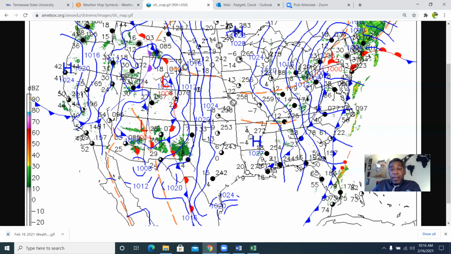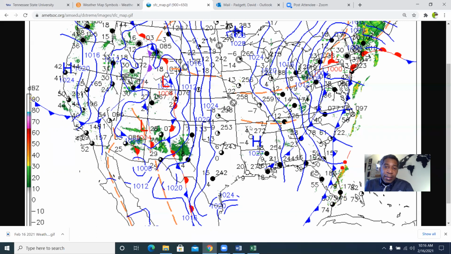What we would expect at Nashville, Tennessee, given these conditions, is for these cold temperatures to persist. One good thing about cold fronts is that because they're more dense, they move faster than warm fronts.